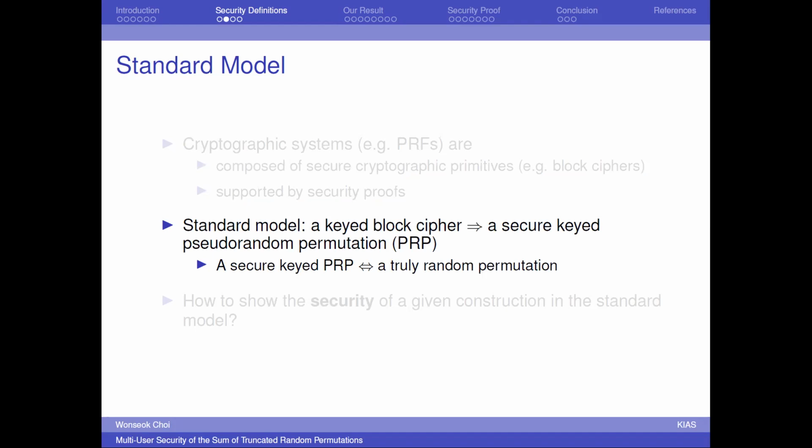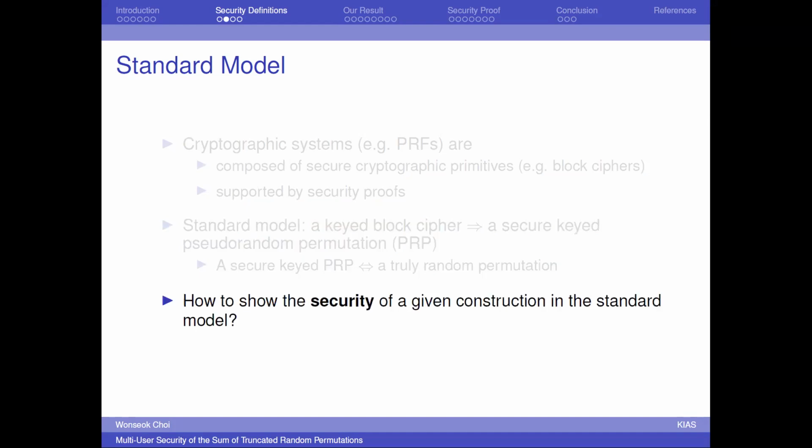A keyed block cipher can be regarded as a secure keyed random permutation, which is not distinguishable from a truly random permutation. Using this model, how do we show the security of a given construction?